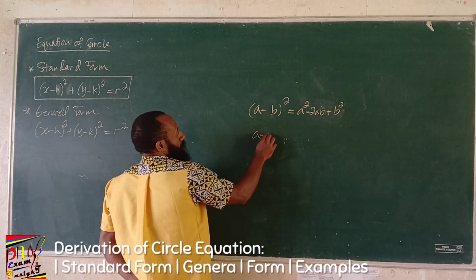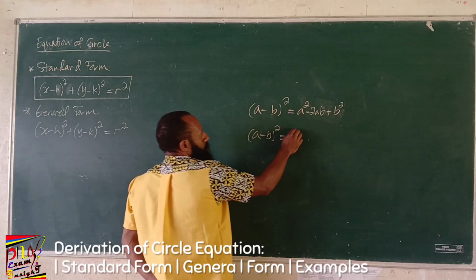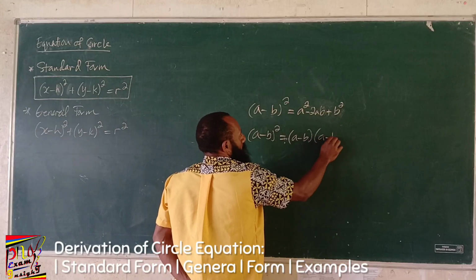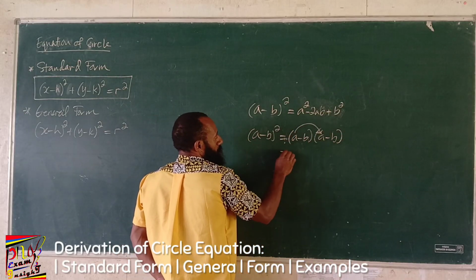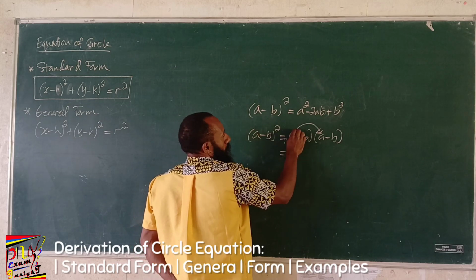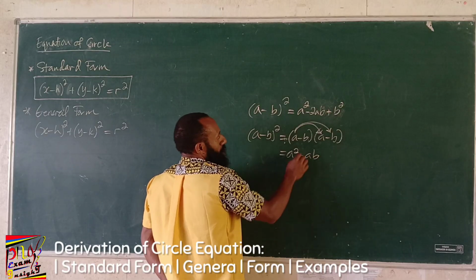(a − b) squared is like (a − b) times itself, so (a − b)(a − b). We're just expanding the brackets. A multiplied by a is a squared. A multiplied by minus b is minus ab.